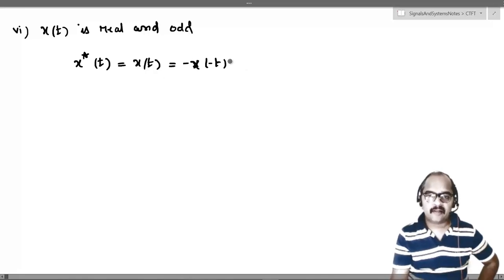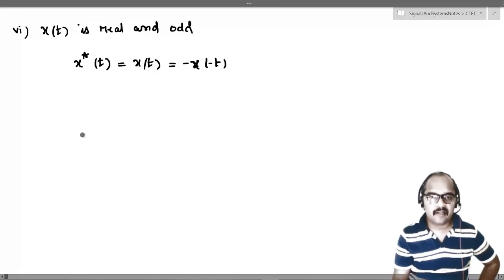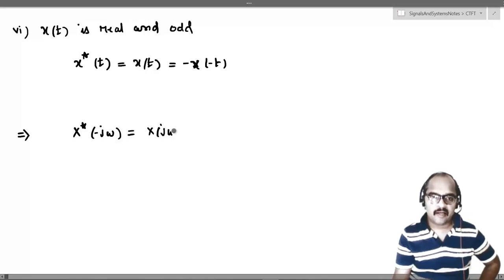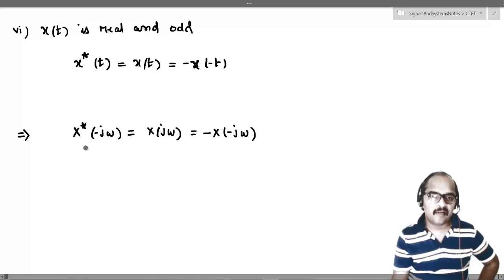So in the frequency domain, what happens? I will write here. This implies in the frequency domain we get x star of minus j omega equal to x of j omega, which is equal to minus x of minus j omega. Okay, everything is clear.